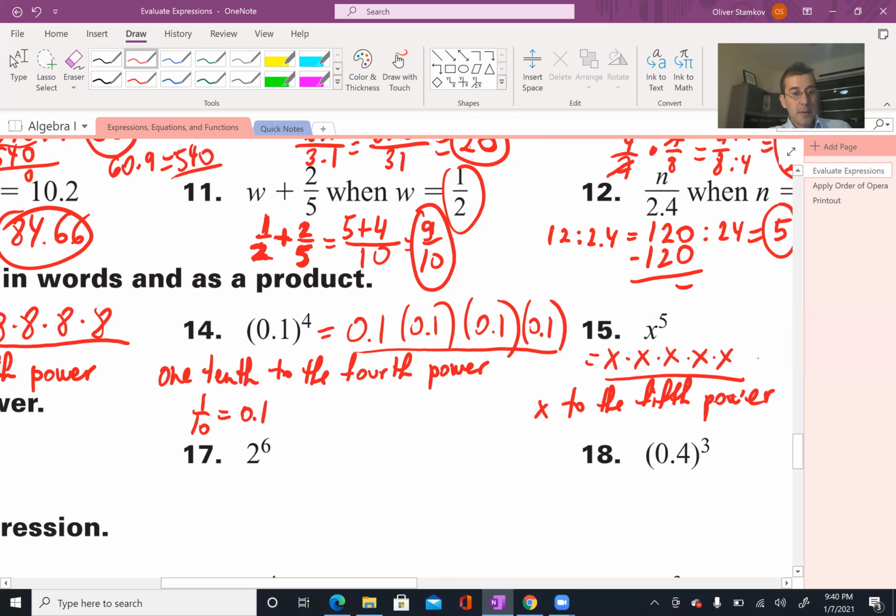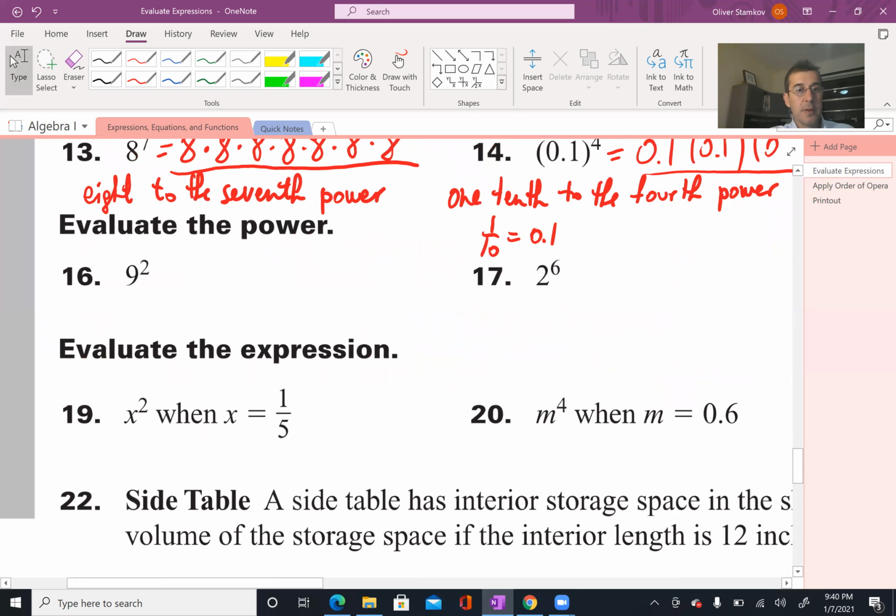And that's number 15. Number 16 is evaluate the power 9 squared, or that is the same as the base multiplied 2 times, 9 times 9, which is 81. Now again, the multiplication tables is something you have to remember.